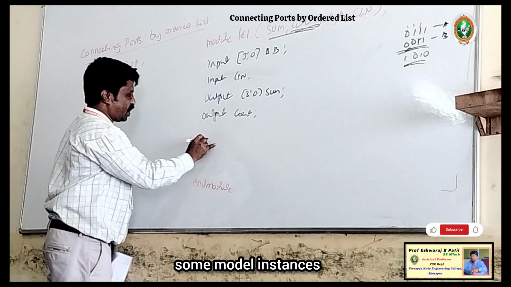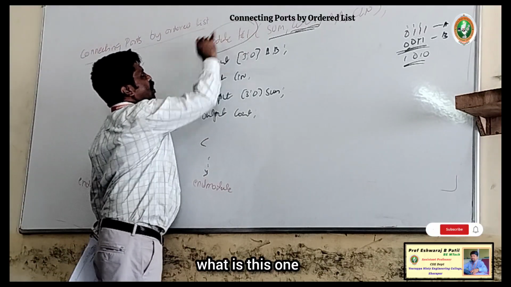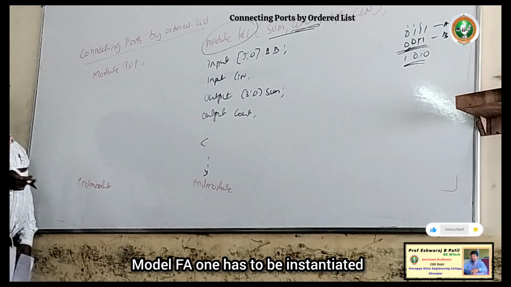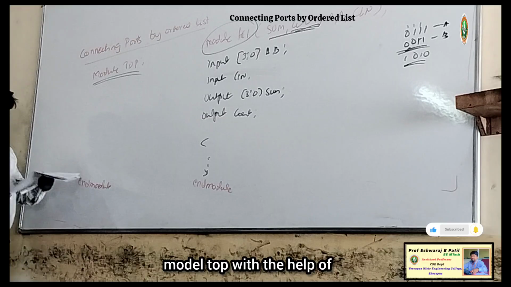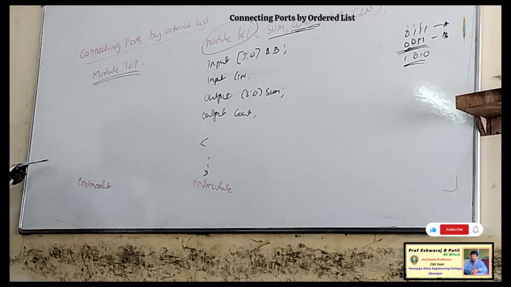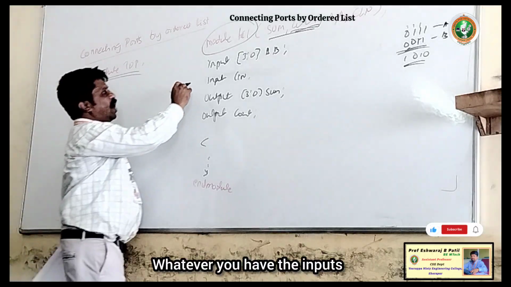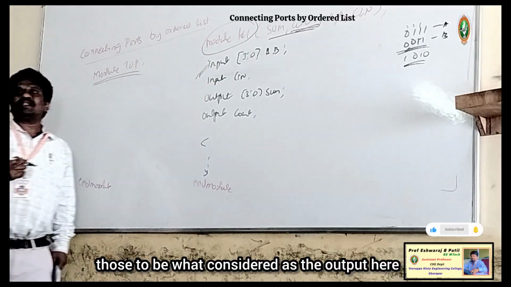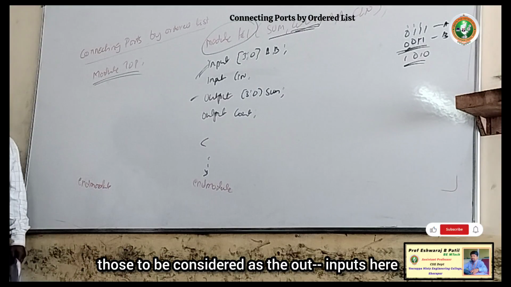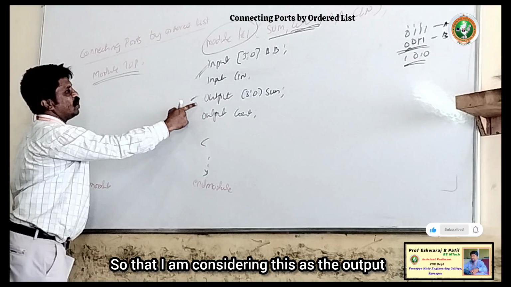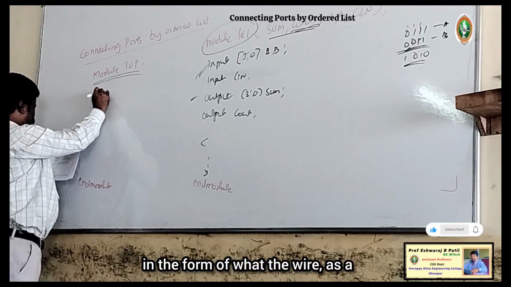Then some model instances you can write. Model FA1 has to be instantiated, or called, in the model top, by calling the name. Whatever you have as inputs are to be considered as registers, and whatever outputs we have are to be considered as inputs here. So I am considering these with the help of wires.